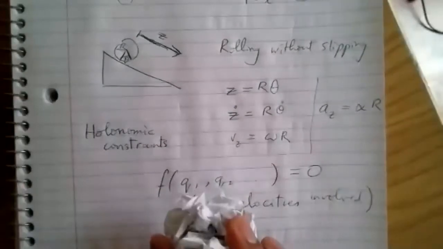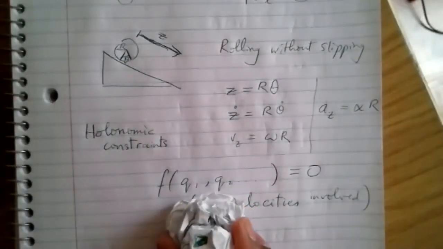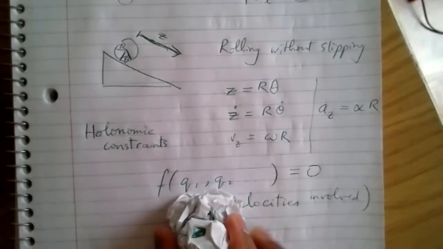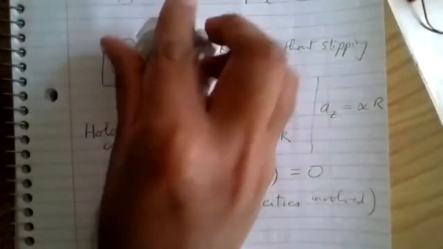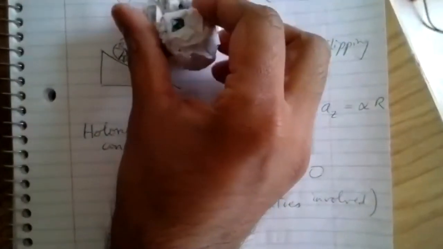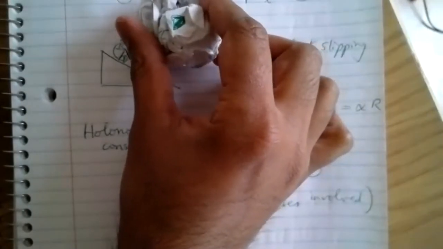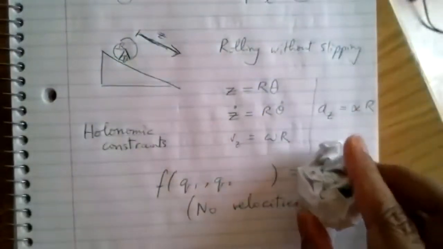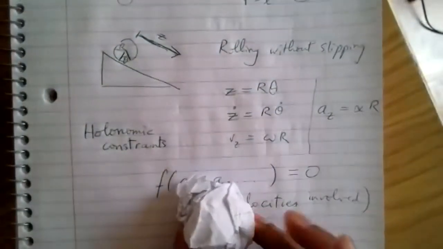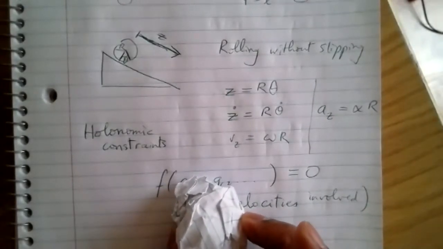If you roll the ball, starting here with the green dot on top, through one path, and then bring it back through a different path to the starting point, you see that it doesn't come back to the starting configuration of the ball. This is not a very good illustration because it's slipping, obviously.